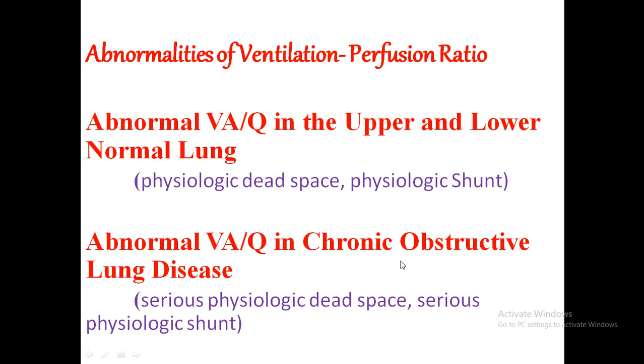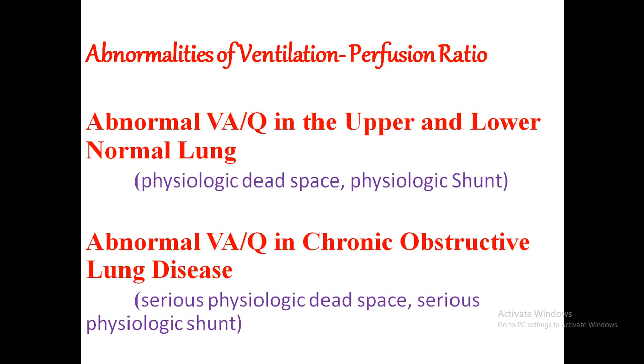The obstruction may be because of excessive mucus or any foreign particle. For example, in asthma, the abnormal excessive mucus secretion creates a problem and causes obstruction to the respiratory passages.